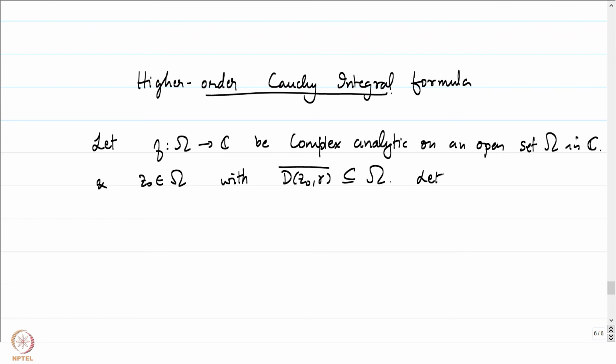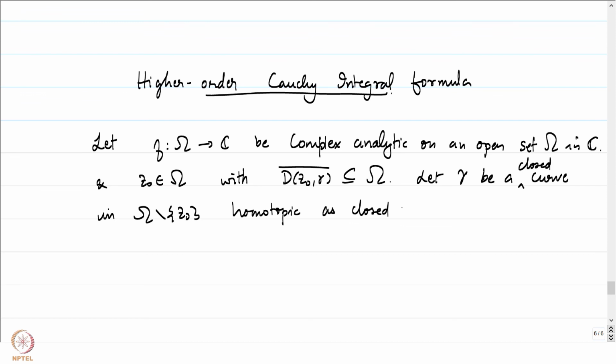Let gamma be a curve, just like in the Cauchy integral formula. Let gamma be a curve in omega minus z0, homotopic as closed curves. So this is a closed curve, by the way.